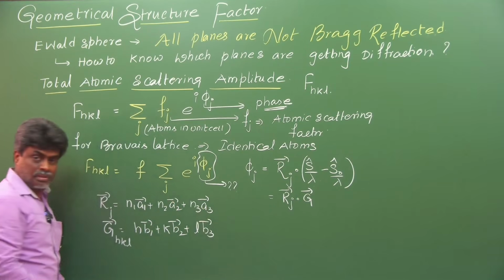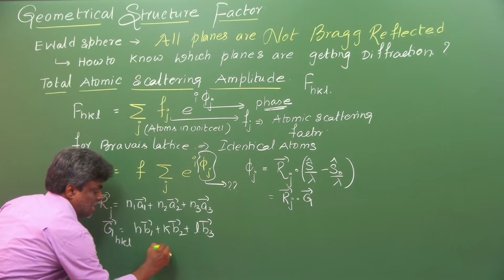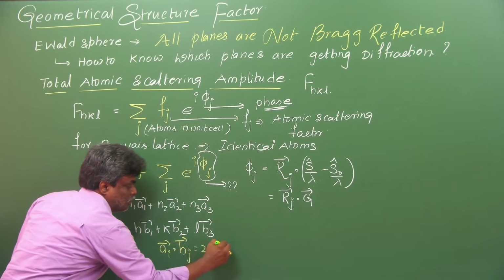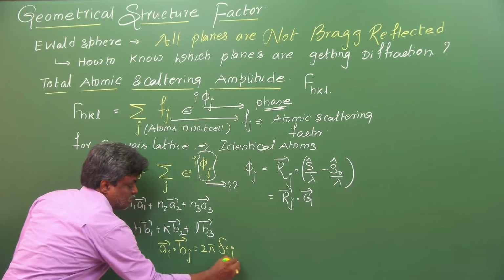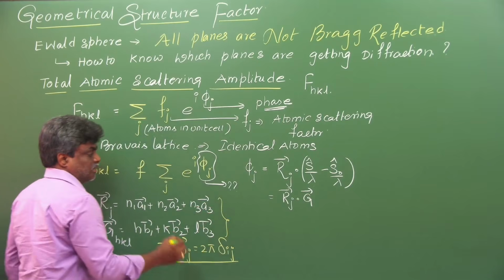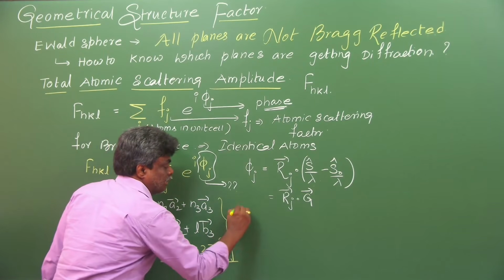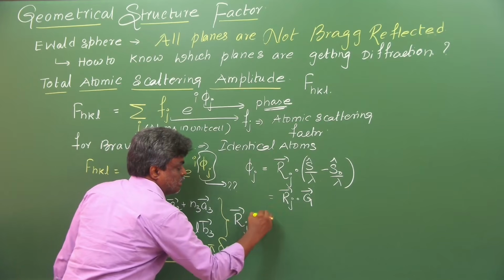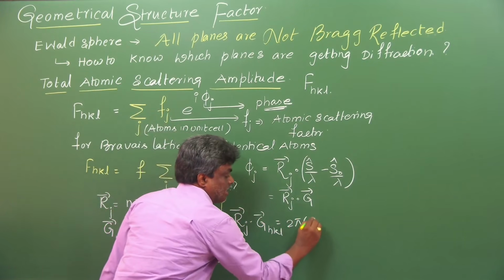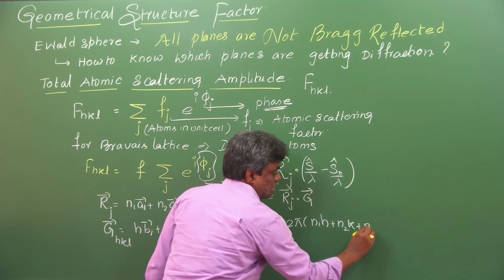We know the relation between a and b, that is ai bar dot bj bar equals 2 pi. If you are not focusing, you will lose the interview. Please listen carefully. If you make the dot product, I hope you have already done earlier, Rj dot G HKL equals 2 pi (n1 h plus n2 k plus n3 l).